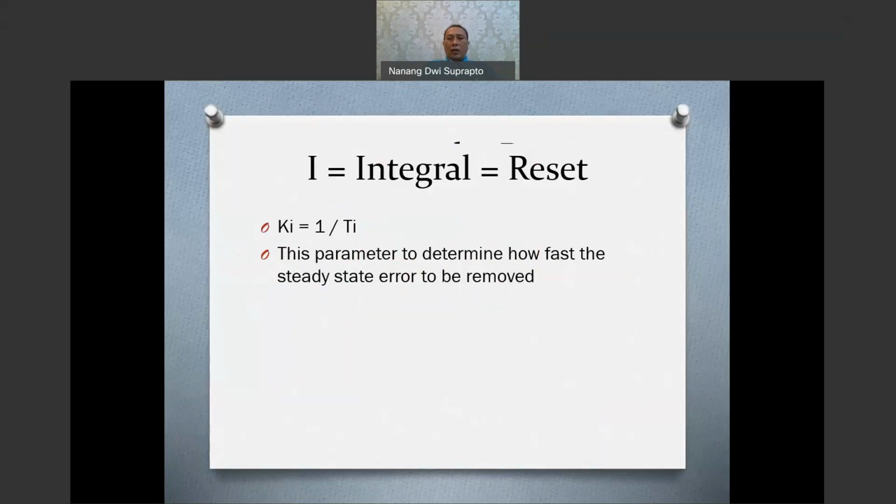Ti equals 1 divided by time, Ti, the integral time. So this is actually talking about frequency. This parameter determines how fast the steady state error is removed.